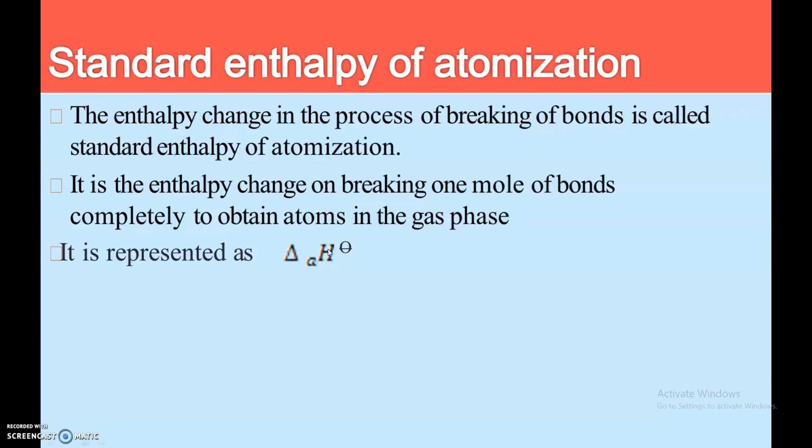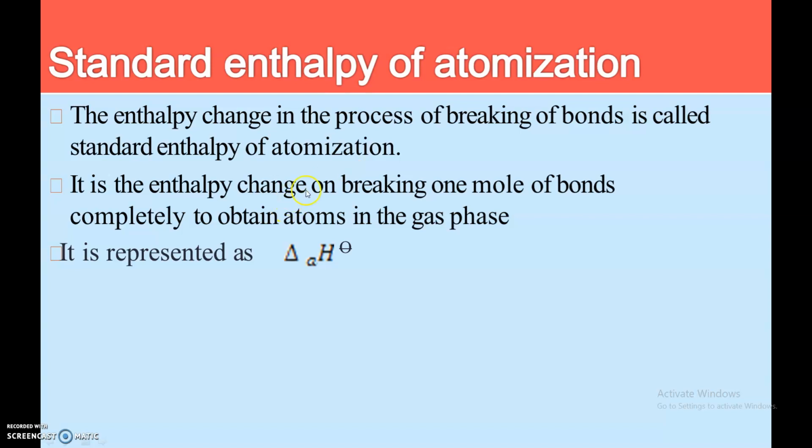The next one is standard enthalpy of atomization. The enthalpy change in the process of breaking bonds is called standard enthalpy of atomization. It is the amount of heat or enthalpy change that occurs while breaking bonds.